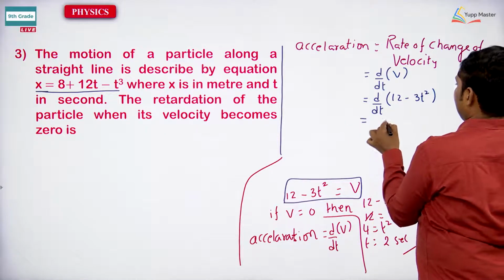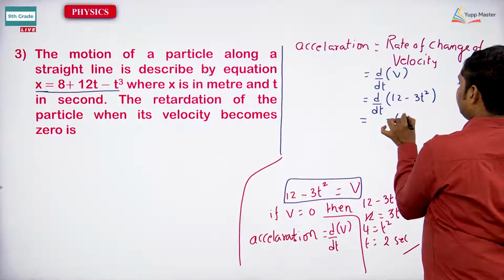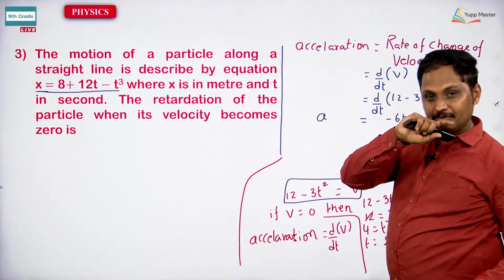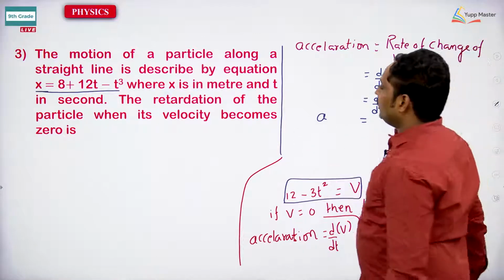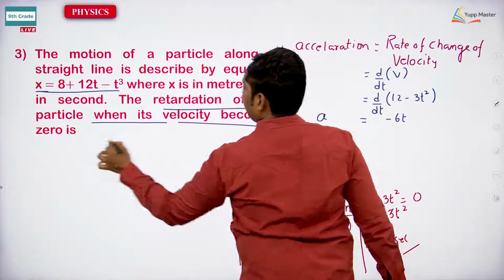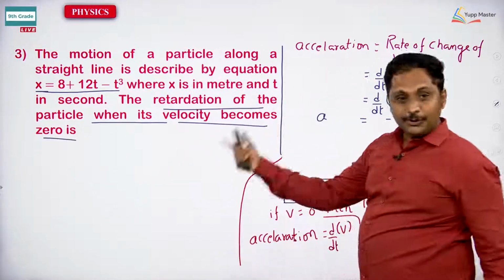We will find that a is equal to minus 6t. What is your aim? The retardation of the particle when the velocity becomes 0.